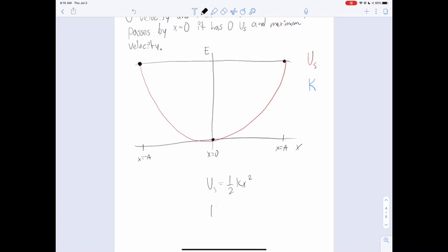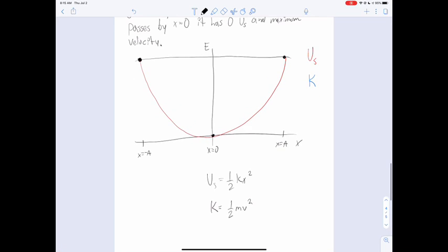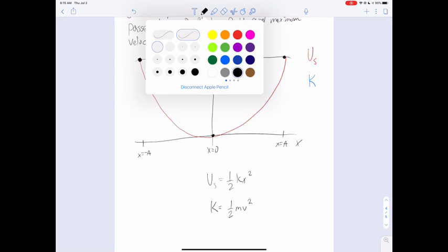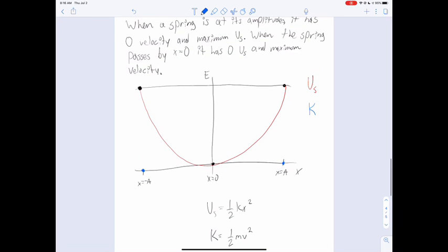Okay, so kinetic energy is 1/2 mv squared. Again, we can stick to the statement above and start sketching our graph. It says that whenever we are at a maximum amplitude, when a spring is at its amplitudes, it has 0 velocity. So similarly, we can plot our kinetic energy points at 0 when x is equal to a and negative a.